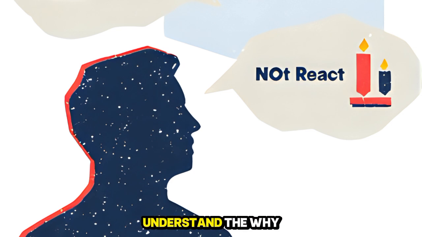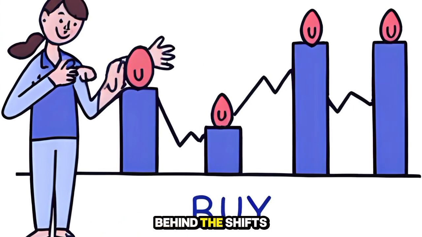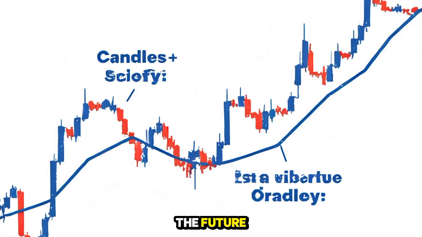You begin to understand the why behind the shapes, not just the what. And when you can interpret that emotion, you can make calmer, smarter decisions. Candlestick analysis doesn't tell you the future. It teaches you to understand the present with clarity. And clarity in the present often leads to better decisions about what comes next.